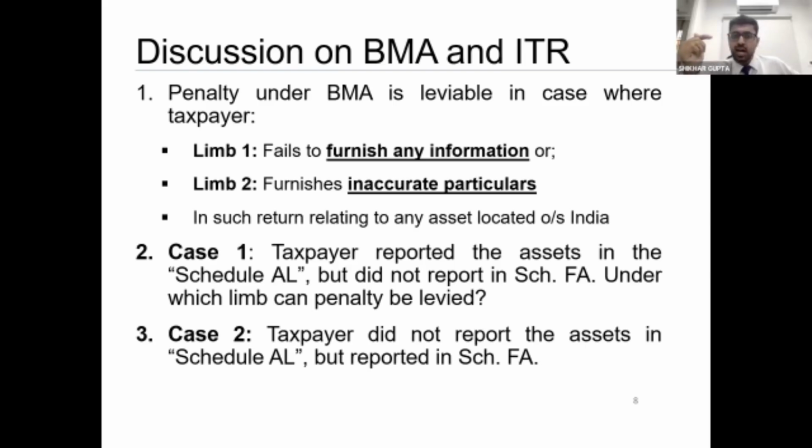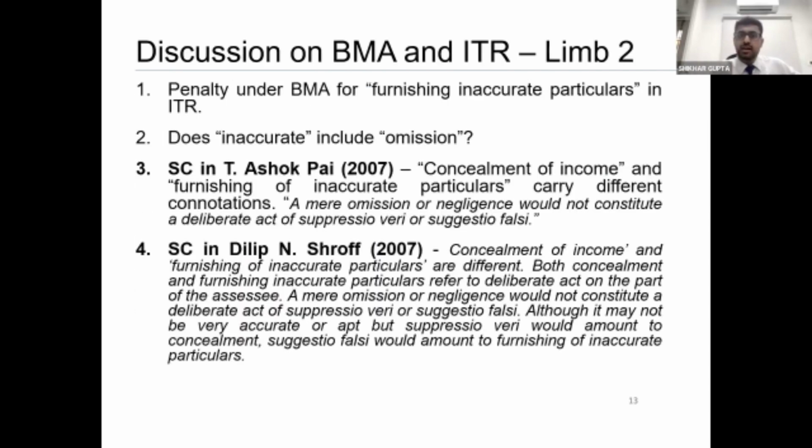He would say that because you have omitted to disclose, you are furnishing incorrect particulars in the return. So what incorrect particulars means, we understood from the Supreme Court, this is a 2007 decision: concealment of income, hiding, and furnishing inaccurate particulars are very different.